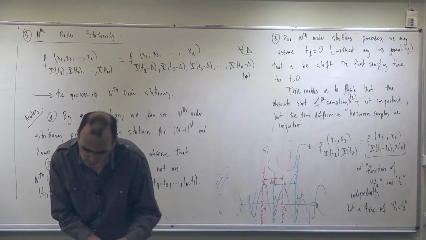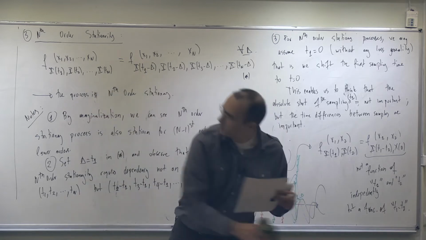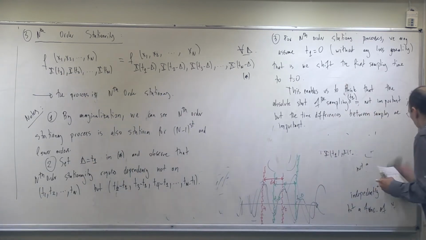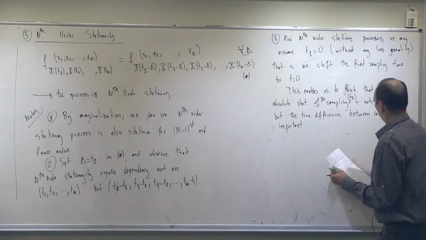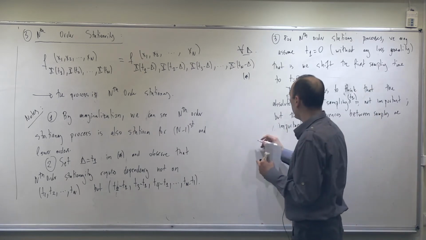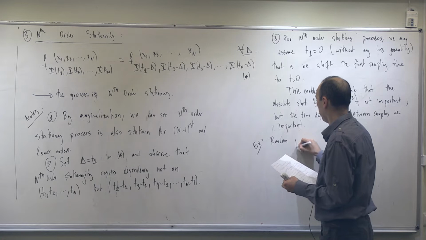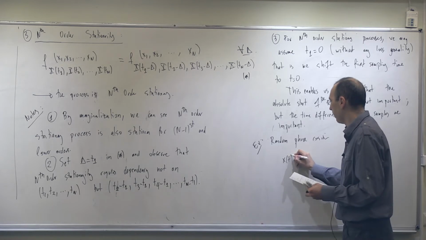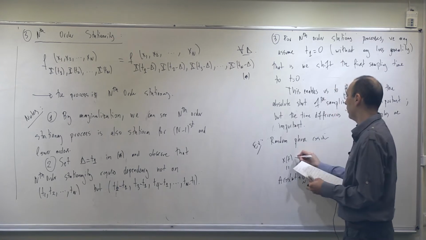Okay, now I have this. Now I would like to discuss again. We have done. Let me erase this part. So again, let's go back to this example. Random phase cosine. So x of t is equal to a cosine omega t plus theta.